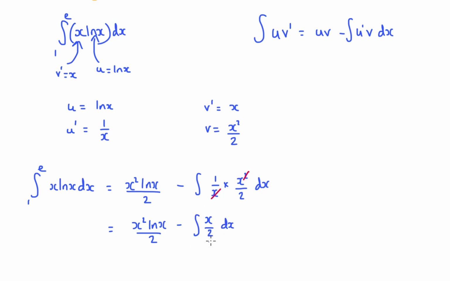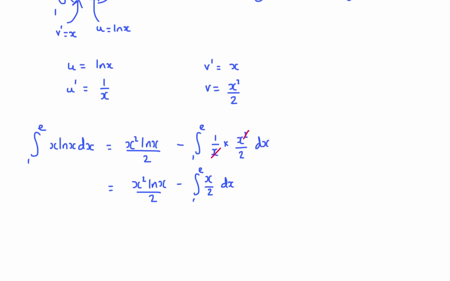And now this can be integrated. That's between 1 and e. Integrating x over 2 is, and we can introduce our square brackets now, add 1 to the power, divide by the new power.